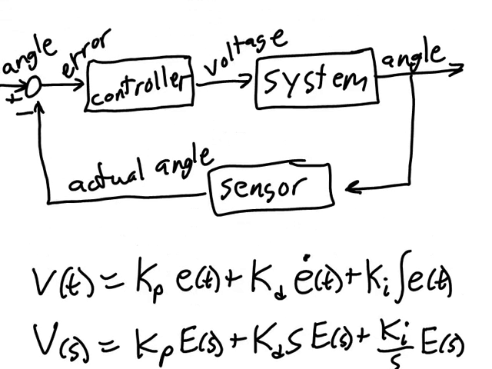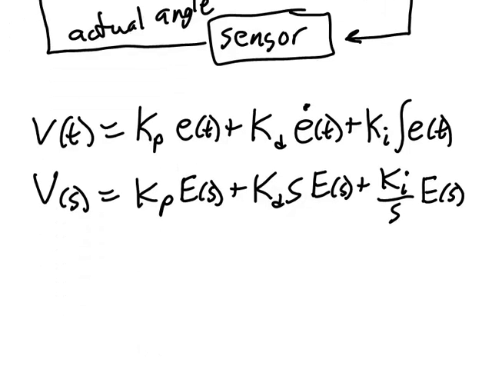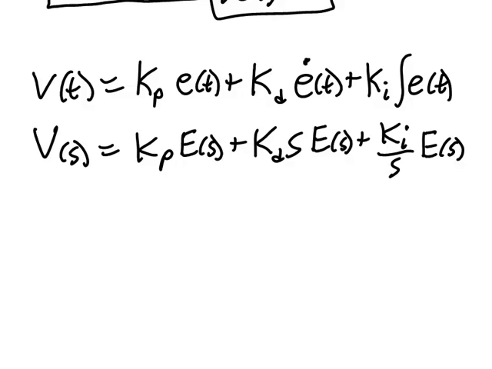Now my controller has error as the input and voltage is the output. So the transfer function of this will take error as the denominator with voltage, the output, in the numerator.